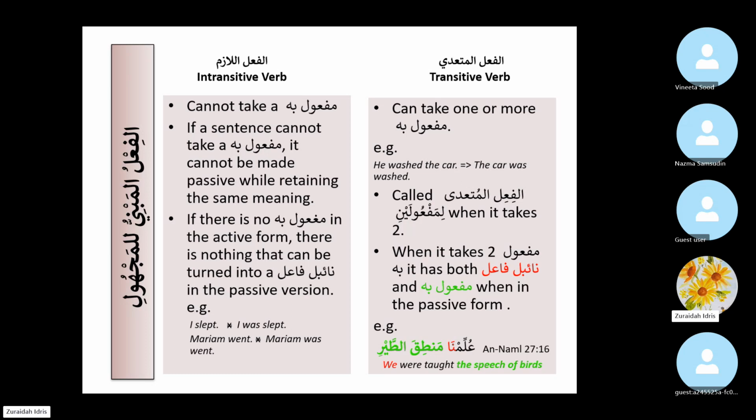Allah subhanahu wa ta'ala taught, we here was of course Nabi Sulaiman, taught the speech of birds. So when we made it passive, it became we were taught the speech of birds, and Allah is not mentioned. Here we have the na'ibul fa'il, the one done to, we, and then the second maf'ul bihi of the active sentence, the speech of birds, now becomes the maf'ul bihi of the passive sentence.